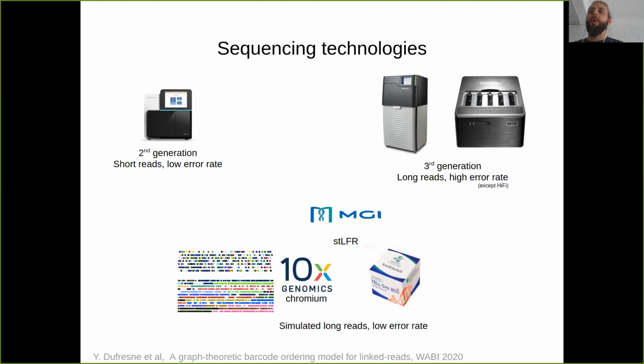Here we will focus on linked reads, sequencing techniques first introduced by 10x Genomics, that remain in between. We are simulating long reads with short read sequencing, but with tags.